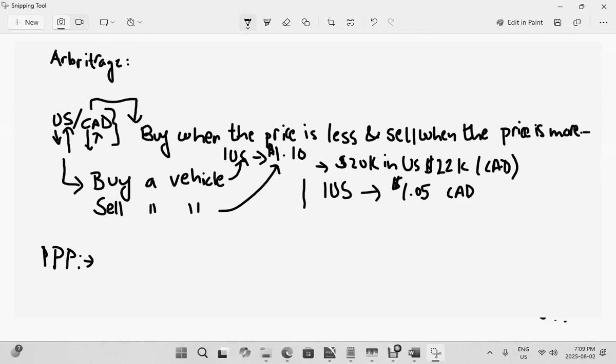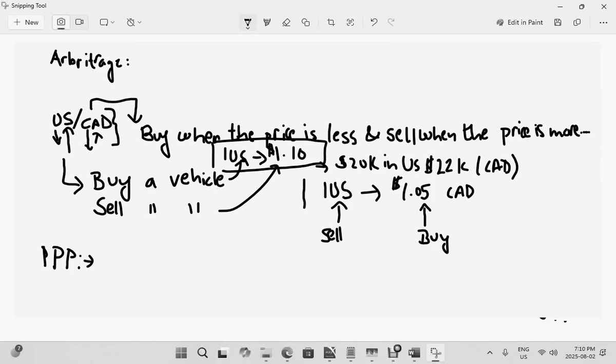Here the US dollar is stronger compared to this time frame when the US dollar is weaker. So in that case, people will buy from Canada and sell in the US.